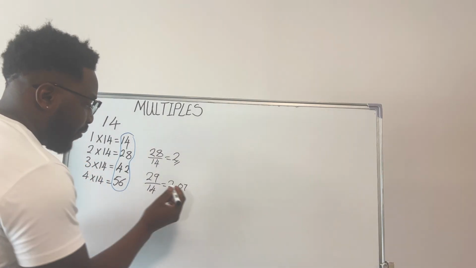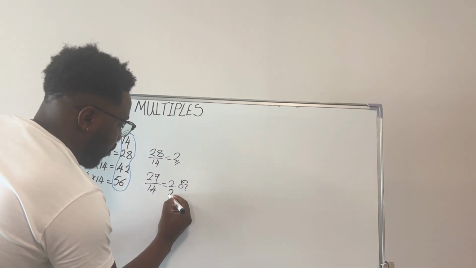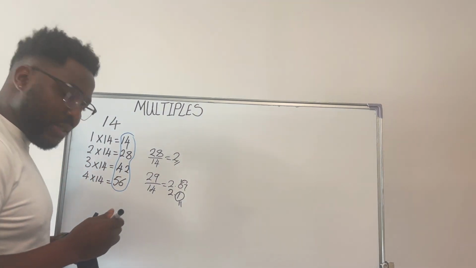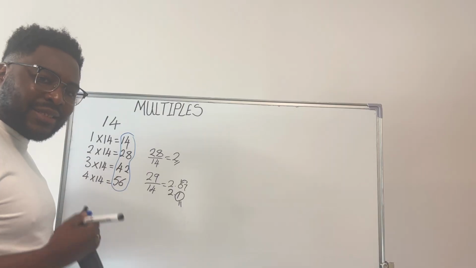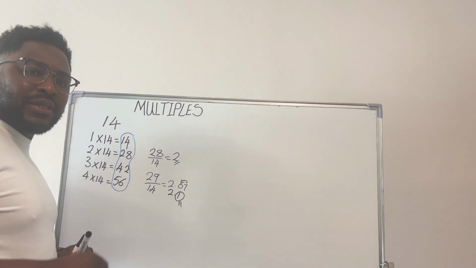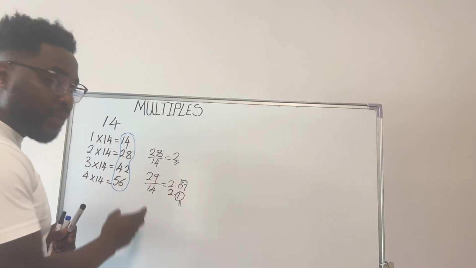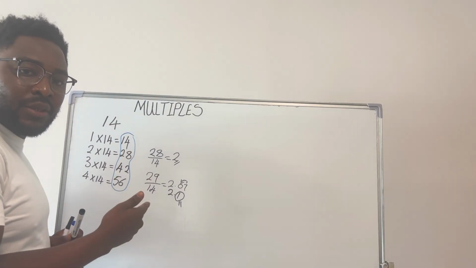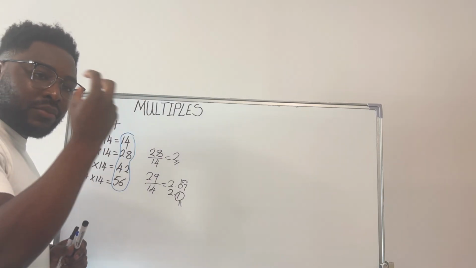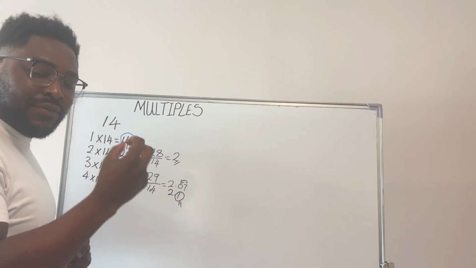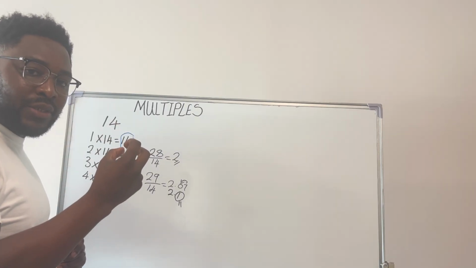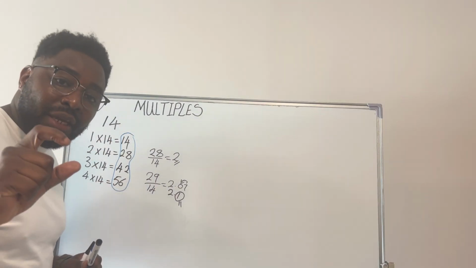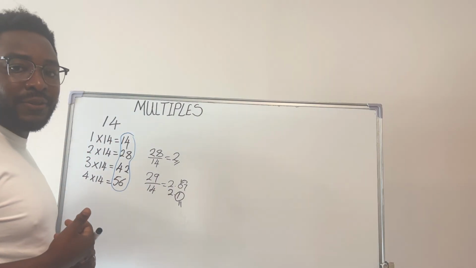If we round it off, that will be about 2.1. Now you see this one over here. This is a remainder, right? So what does that tell us about 29? It tells us that 29 is not a multiple of 14. Multiples are divisible by 14 without leaving any remainder.